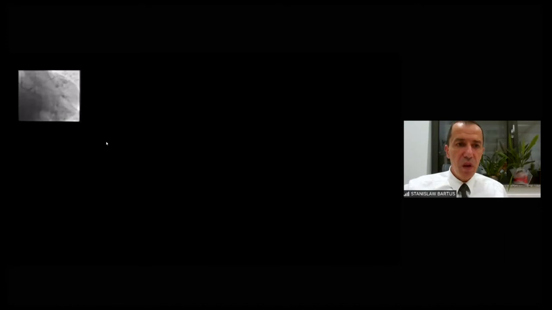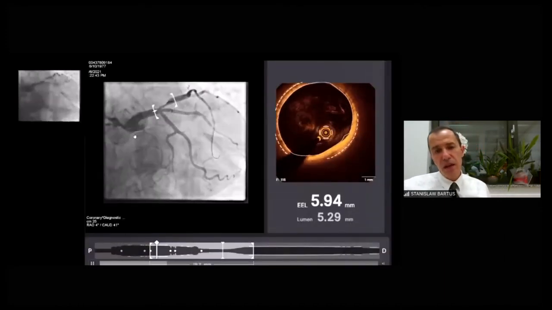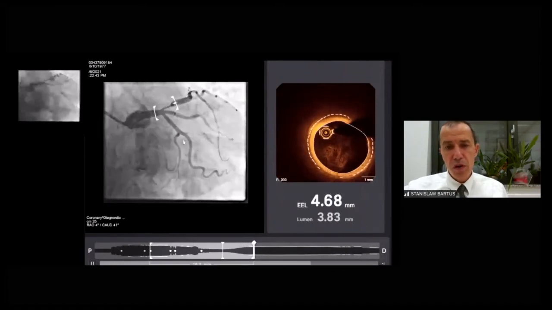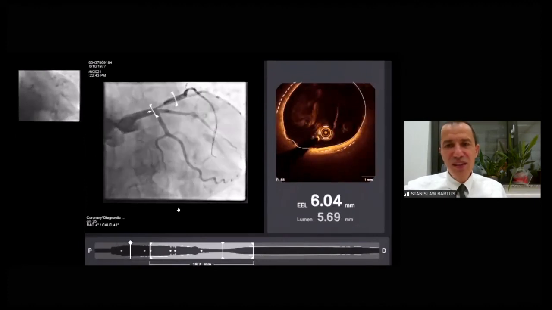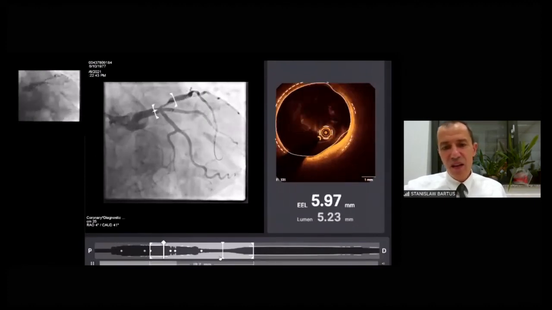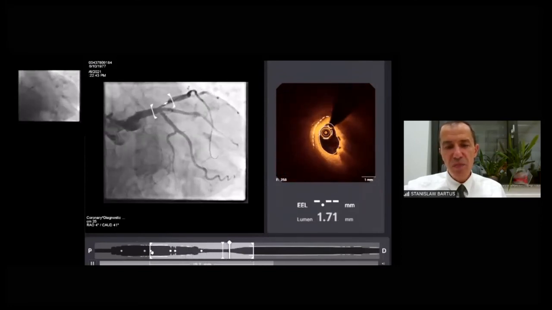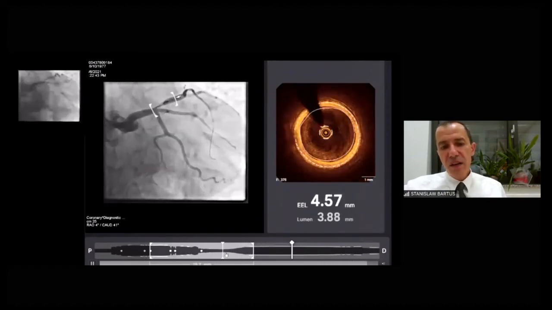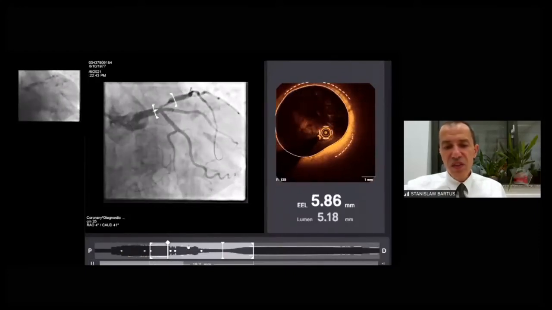So in our cath lab, we decided to use for the planning of the procedure the new Ultreon software, which facilitates the usage of OCT in the cath lab and gives you information about the distal reference and the proximal reference of the artery, and can also suggest the length of the stent.